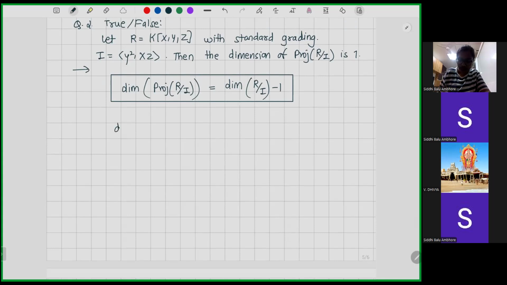So first note that the dimension of R is 3, right? It is a polynomial ring in 3 variables.